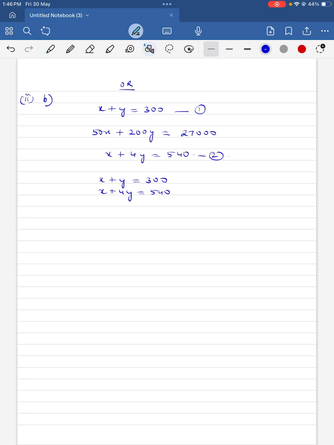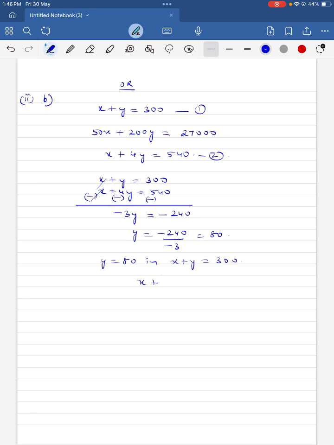Now let me subtract the two equations. When I subtract, the signs would change and I would have minus 3y as equal to minus 240. Or the value of y would be minus 240 divided by minus 3, which is 80. Now let's put this value y equal to 80 in x plus y equal to 300.